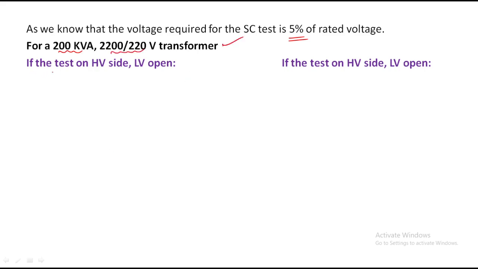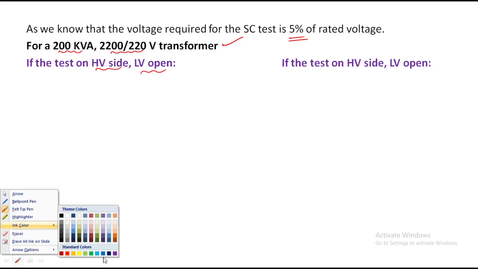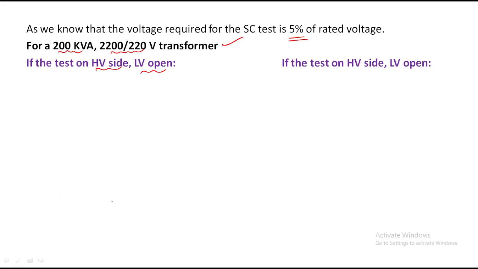For example, if the test is on the HV side, LV is open. In that case, the applied voltage is 5% of rated voltage.